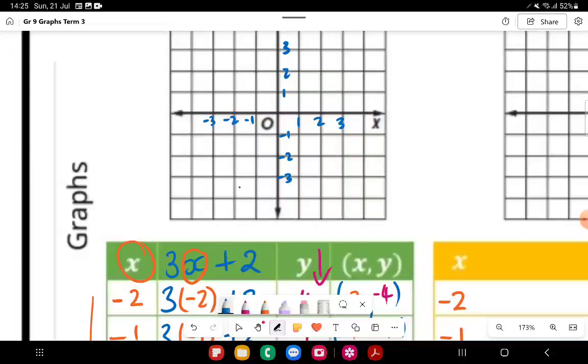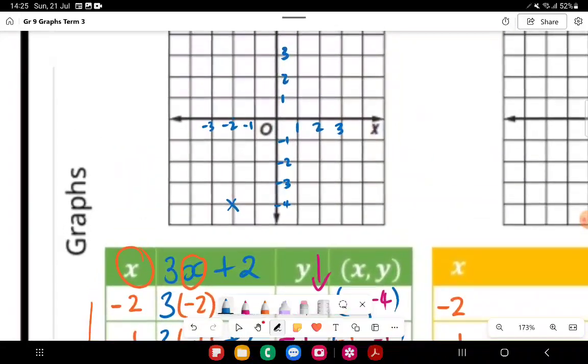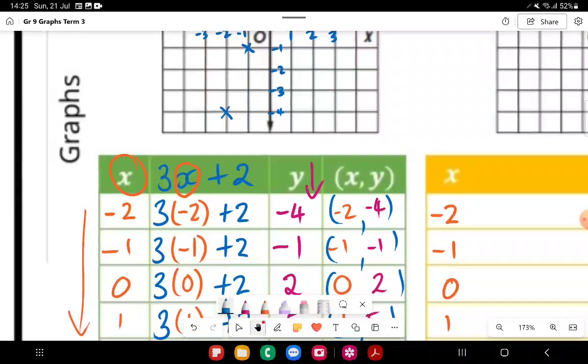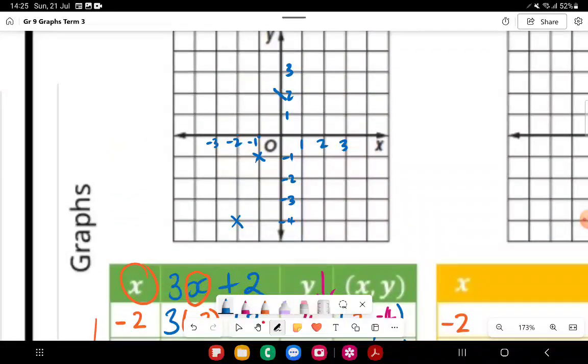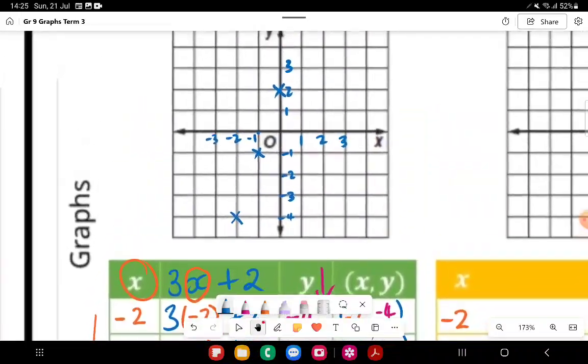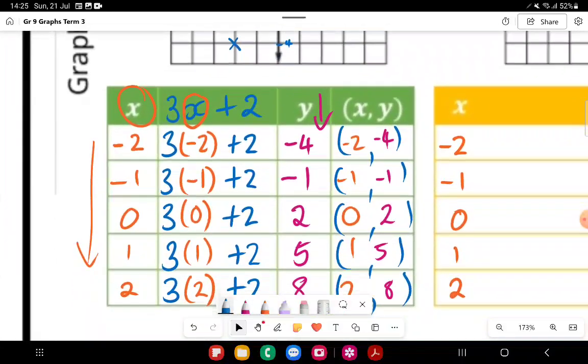Then negative 1, negative 1. It's 0, 2. 1, 5. My last one is 2, 8.